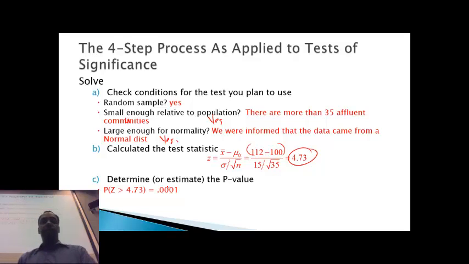Now before I go on to the next slide, let's use our calculators to kind of confirm all this. So go back to the calculator. So I go stat, then tests, then z-test.